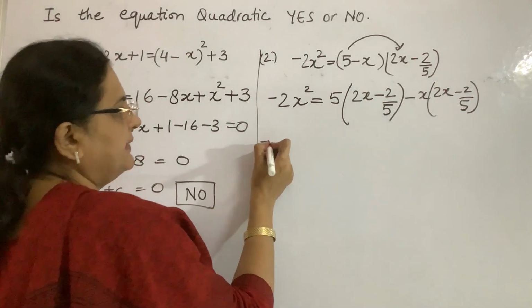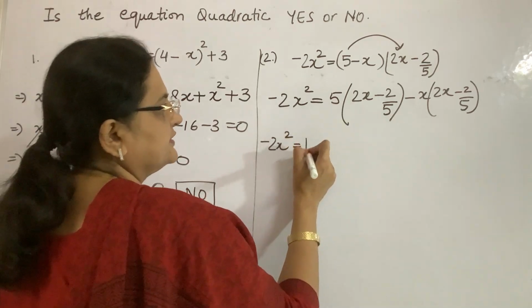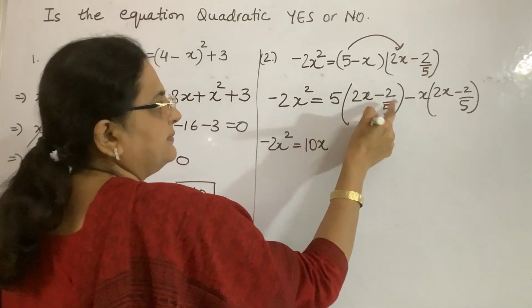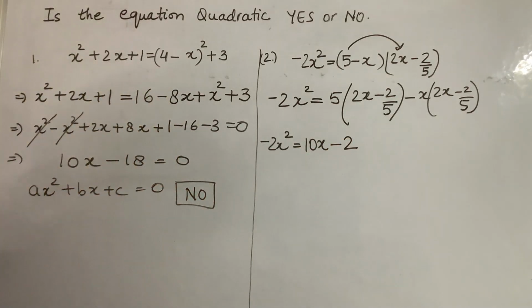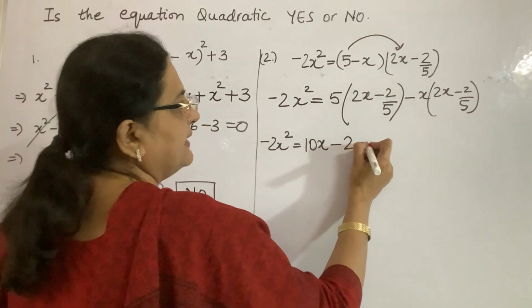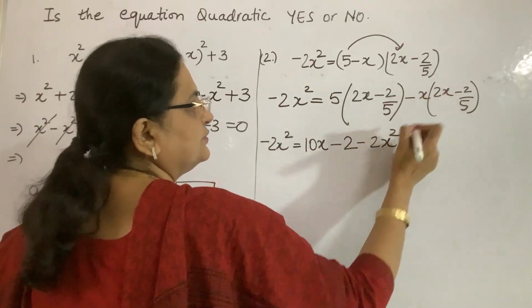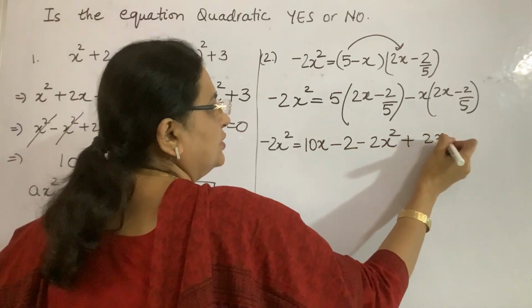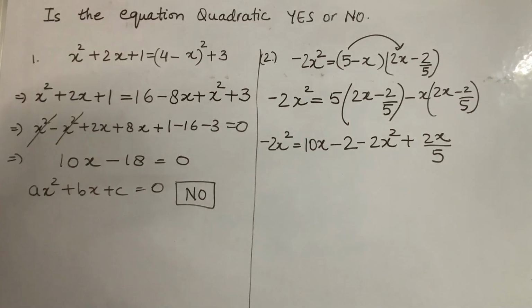So this is minus 2x square. This multiplied gives 10x. This multiplied 5 and 5 cancel. So this is minus 2. Multiply this, you get minus 2x square, this into this, and this into this, you get plus 2x upon 5.